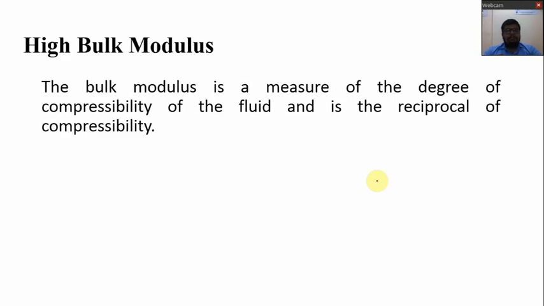Then the high bulk modulus. The bulk modulus is a measure of the degree of compressibility of the fluid and is the reciprocal of compressibility. In general, oil is taken as incompressible, but in practice all materials are compressible and oil is also one of them. The higher the value of bulk modulus, the less the material will be compressed with increasing pressure.